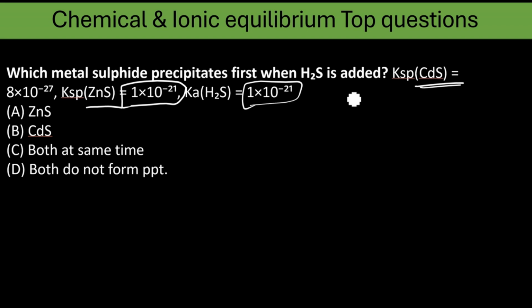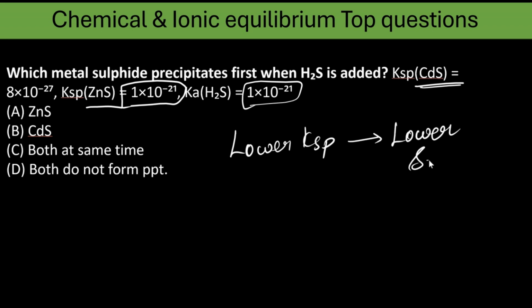So cadmium sulfide is less soluble, so it precipitates first, as you can see over here. So always remember, lower Ksp leads to lower solubility. Lower solubility means higher precipitation. So that will precipitate first.